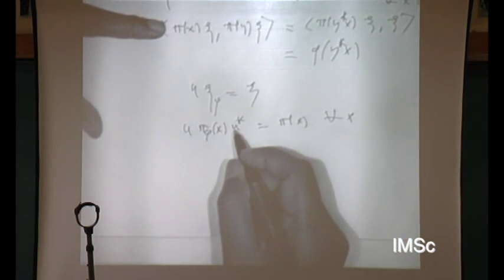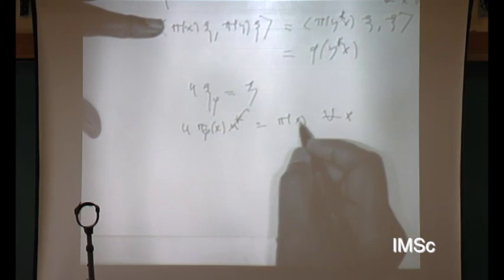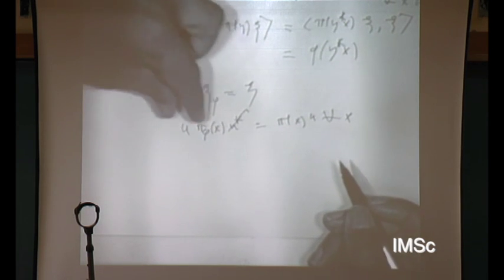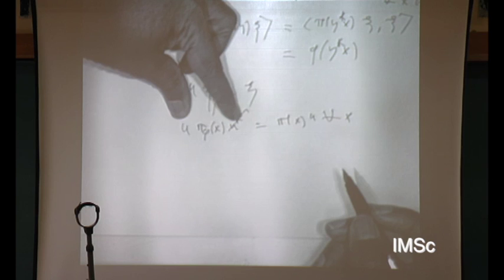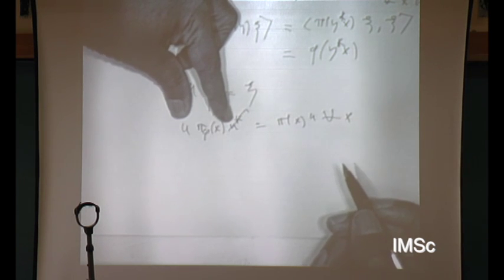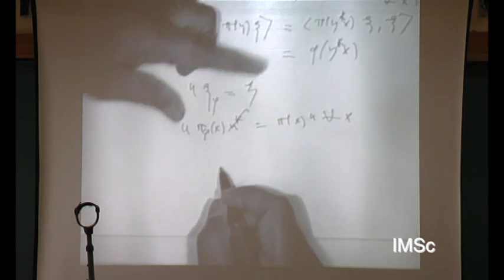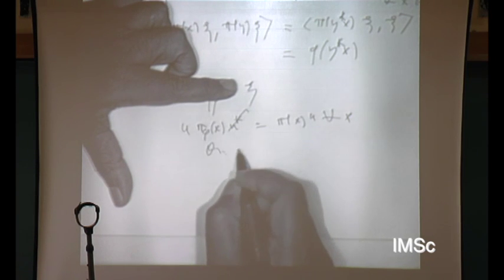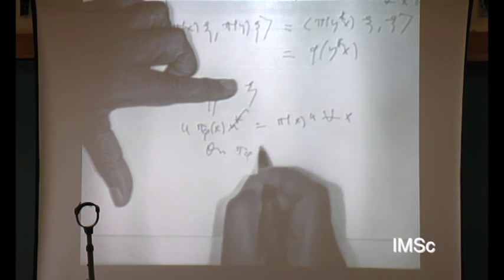That is, I want to check that U pi phi x is pi x U. So you check both of them on a dense subspace here, which is all things of the form pi phi y xi phi.